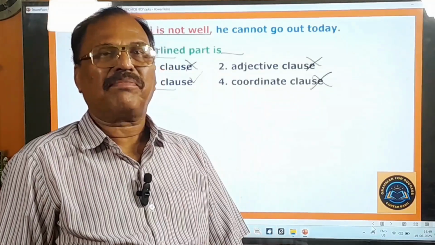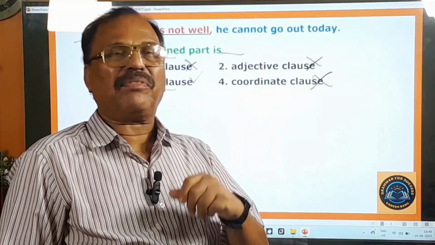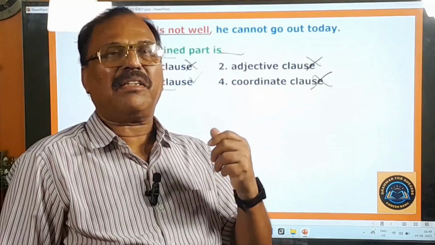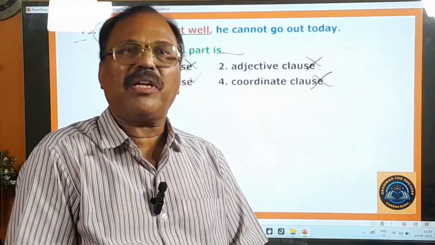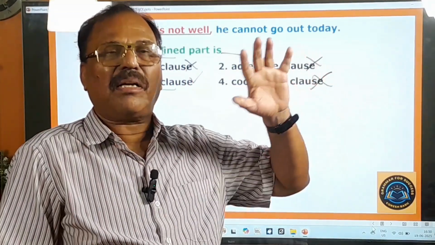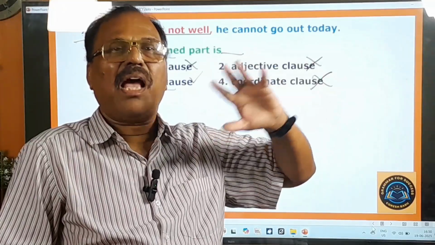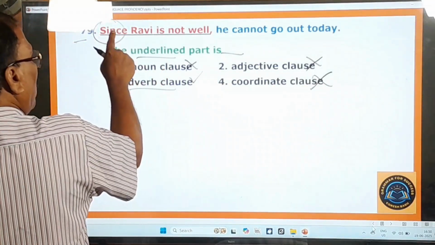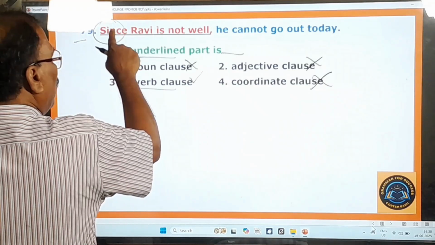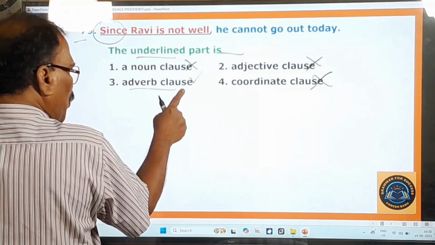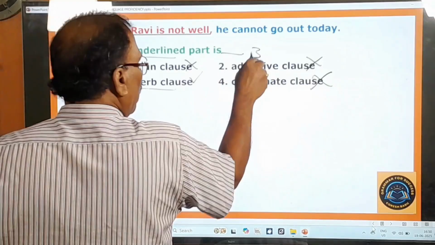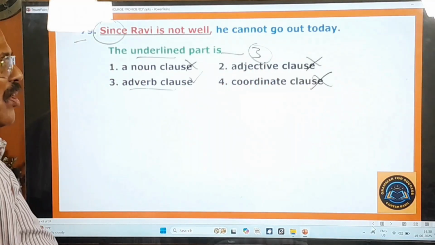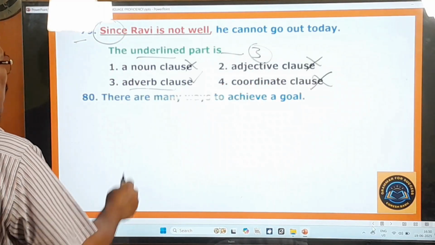Because, though, although, even if. If, unless, in case. There are several subordinating conjunctions. With them, only adverb clauses are formed. So here this since forms only an adverb clause, and therefore the third one is the right answer. Now you go to the next question.